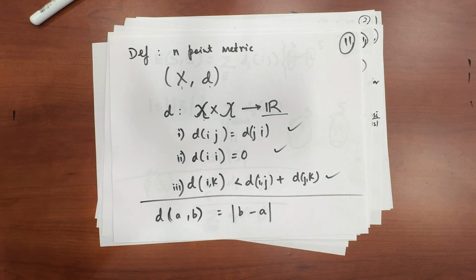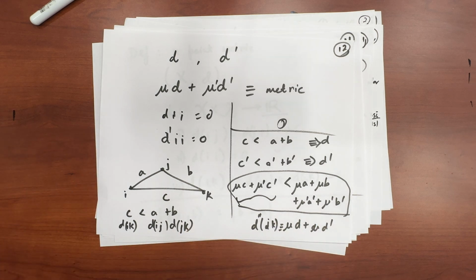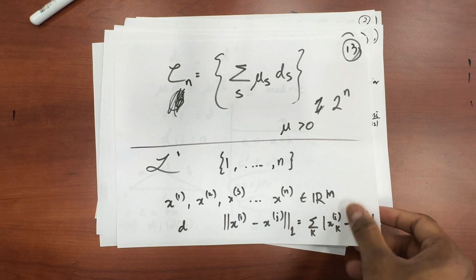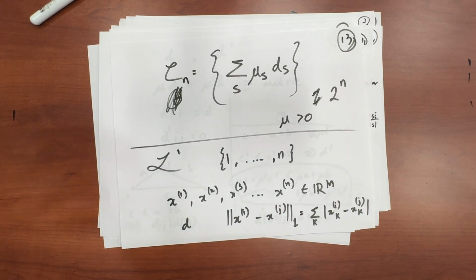And now we have the fact that a linear combination of all of these cut metrics is indeed a cut metric. This is exactly equal to, so two things here, the cut metric is exactly equal to an L1 metric, and every L1 metric is a combination of cut metrics, which is crazy.